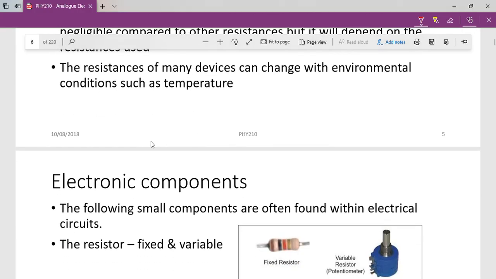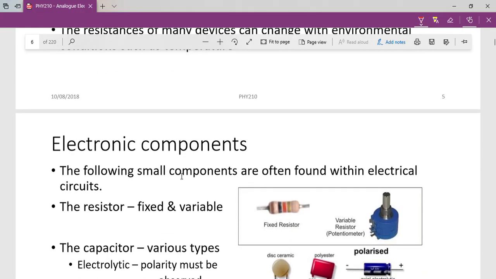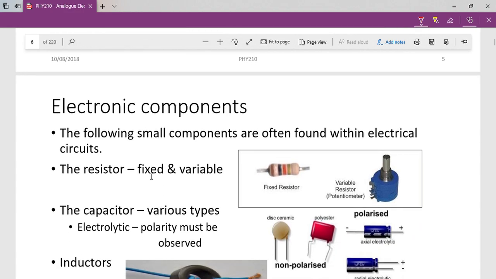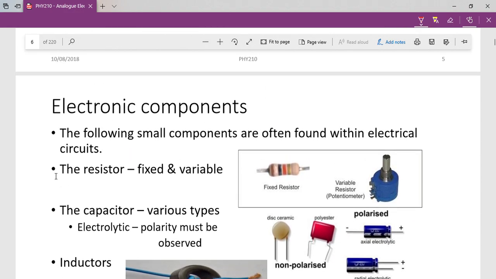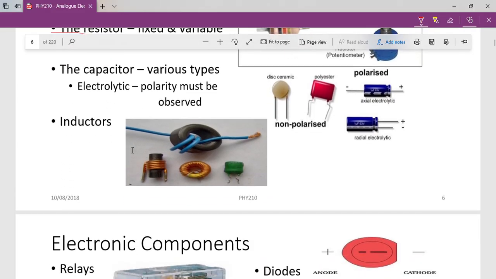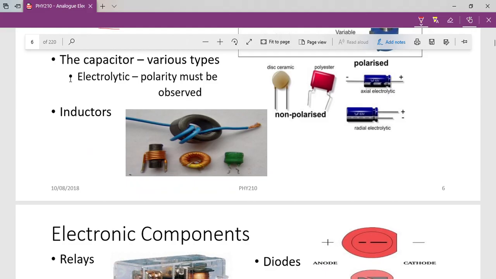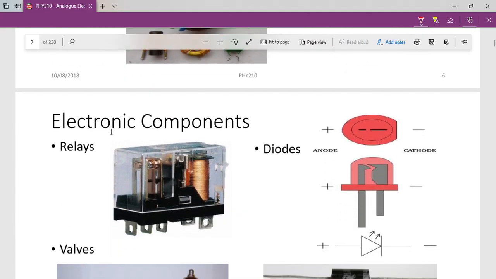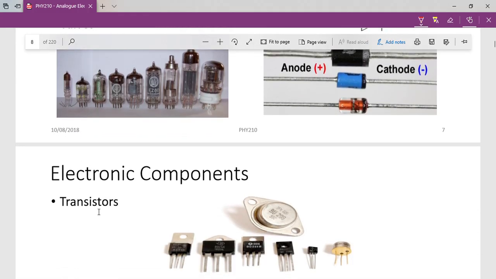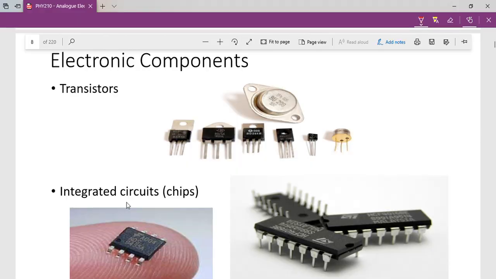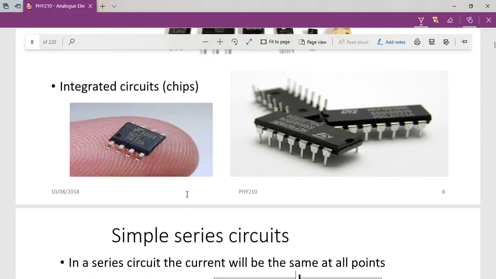We have the common components in analog electronics. Here are some common components. The first is the resistor. The second is the capacitor. We have inductors. We have relays, valves. We have transistors, integrated circuits, chips.